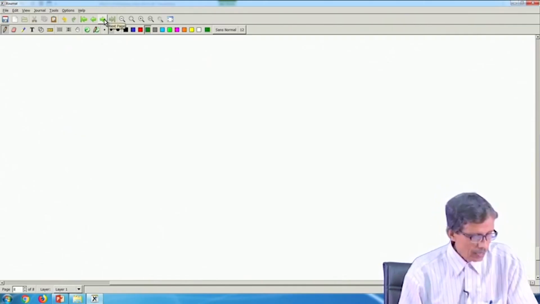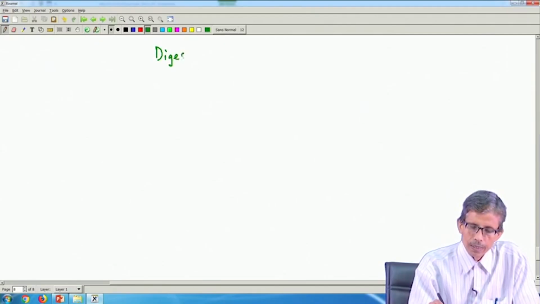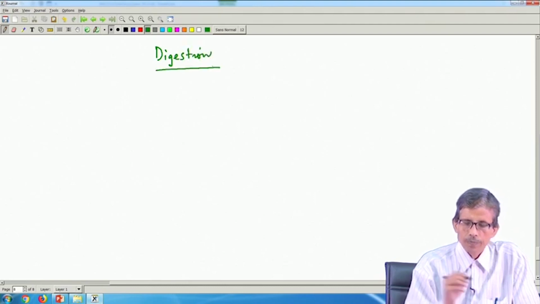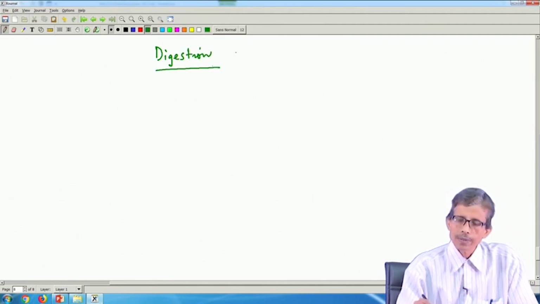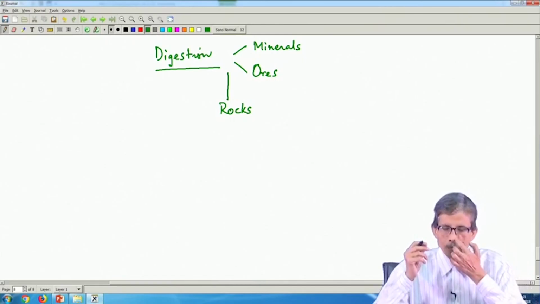So, this particular one we can also see when we go to the other aspect of nitric acid, the application of nitric acid for what we call digestion purposes. Where we utilize this digestion, we all know that we can have different minerals, ores, and one such material we can utilize is rock material.